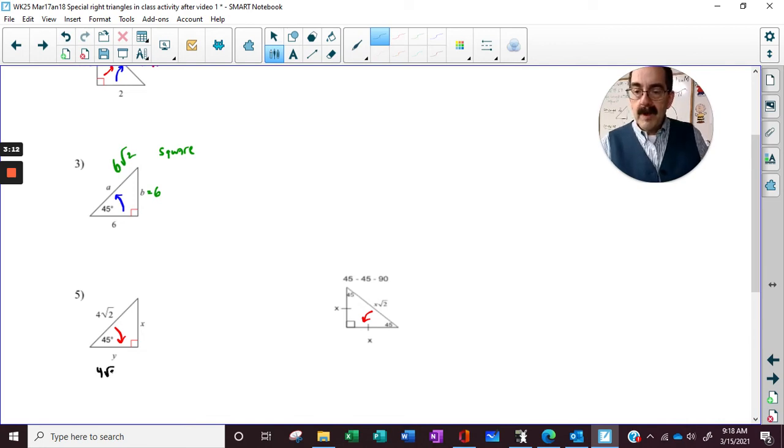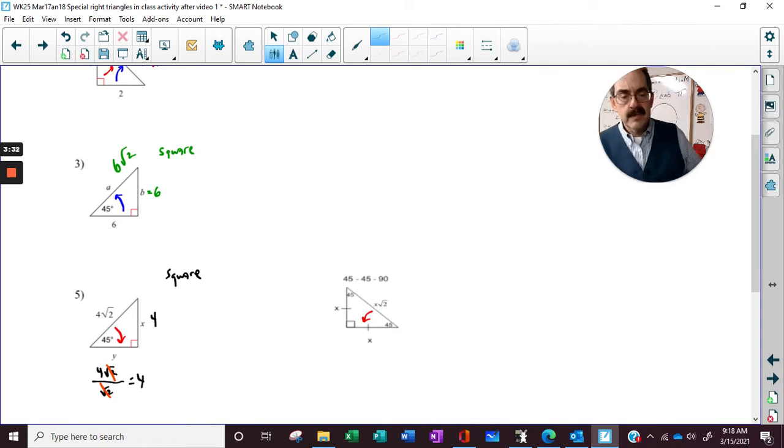4 over radical 2 divided by radical 2. Anything divided by itself is 1. Anything divided by itself is 1. 4, it's a square. So this is a 4. Try it.